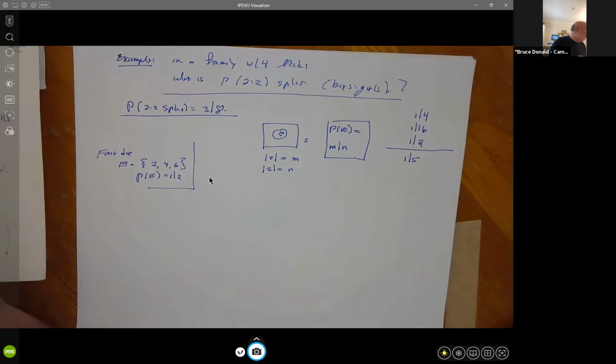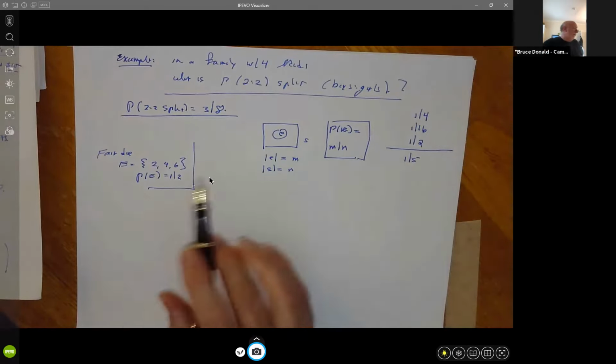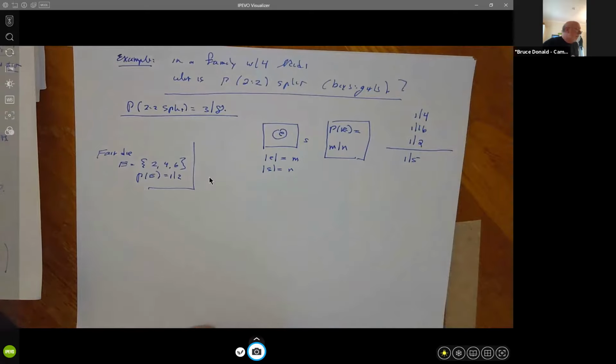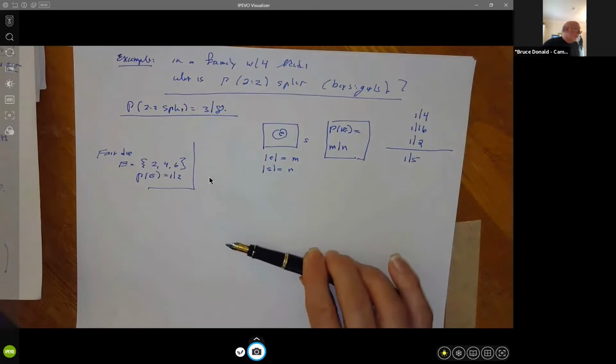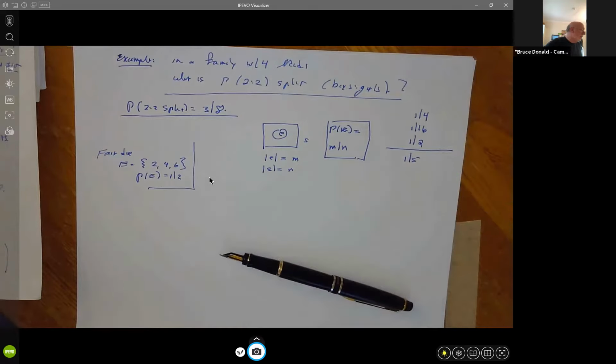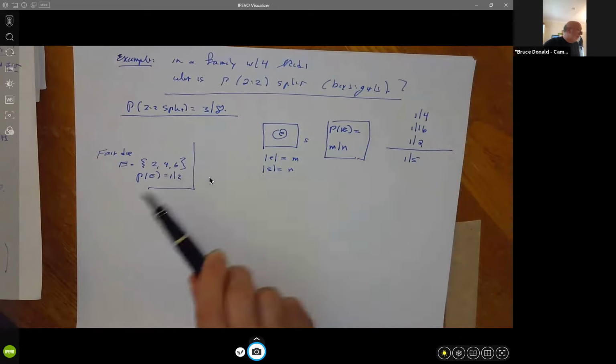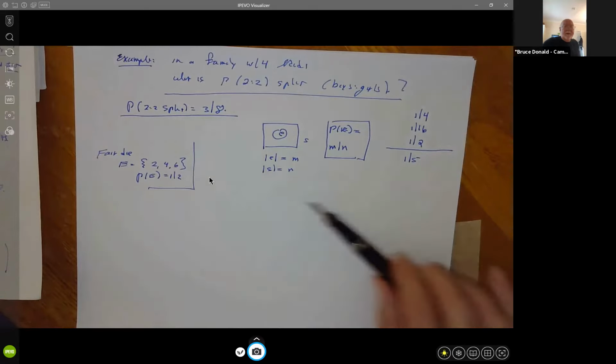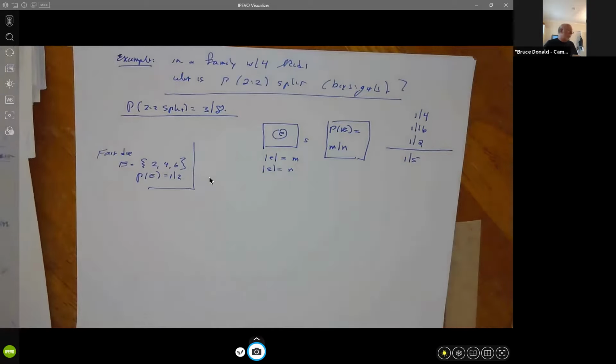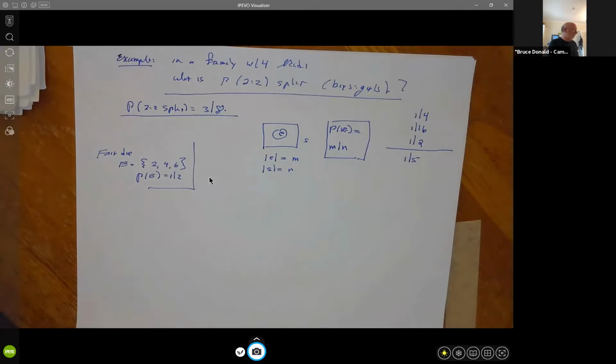I should also mention that in the case of die or dice, it's very difficult to attach a meaning to the probability of an event if we just roll the die a single time or a few times. The most straightforward interpretation of probability is that for a very large number of rolls, about half the outcomes will be even, as I've shown here. And this requires, at the very least, the notion of a limit in order to make this rigorous.